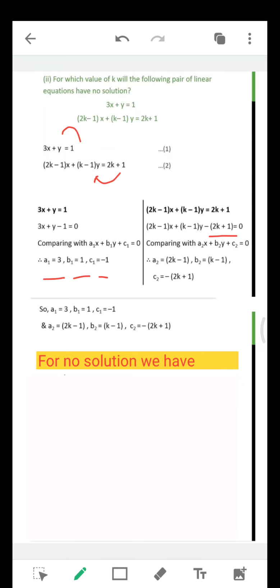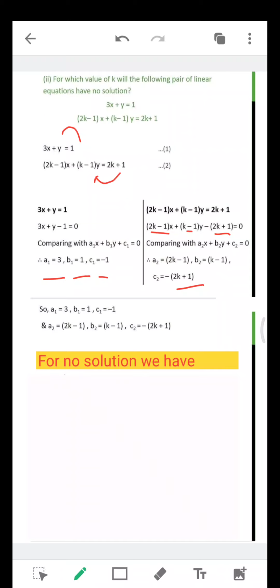Don't open the bracket, keep it in bracket and take minus of 2k plus 1 whole. Then here I compare this equation with a2x plus b2y plus c2. So I get a2 as 2k minus 1, this is your a2, b2, and this whole will be your c2 with minus sign. So this is the way we compare and take our values.